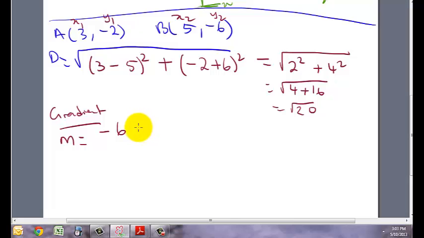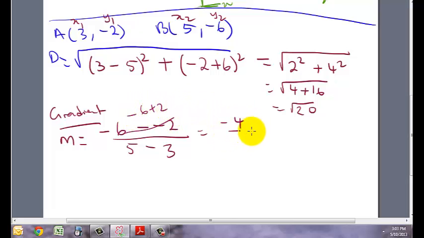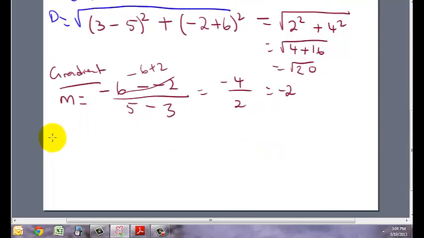Minus 6 minus minus 2, over x2 minus 3, for example. Minus 6 plus 2. Minus minus becomes a plus, right? So that's minus 6 plus 2. That is minus 4 over 5 take away 3 is 2. That's minus 2. Any questions on that one? Nice and easy.